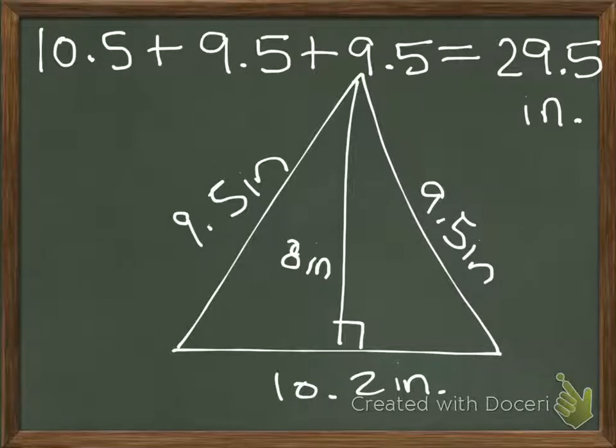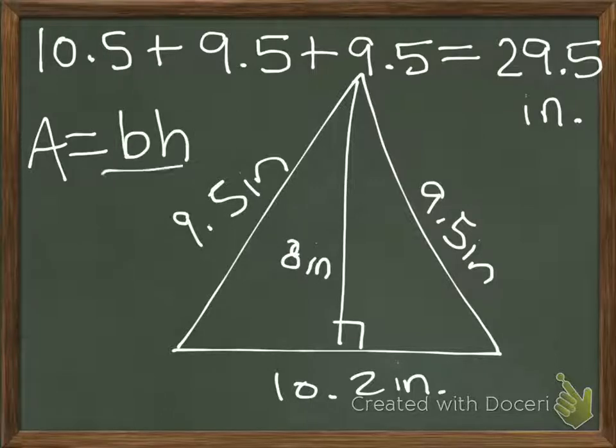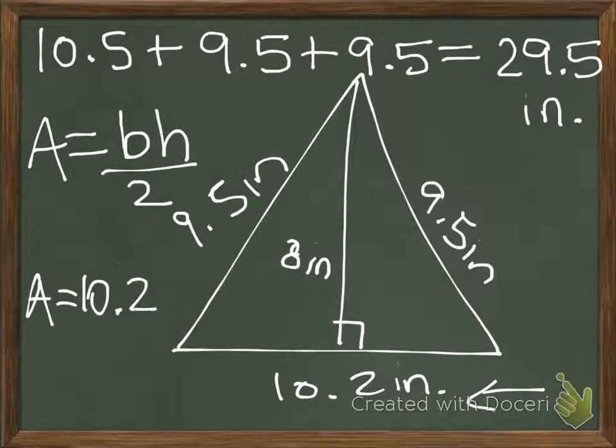The area of a triangle is base times height divided by 2, or sometimes you'll see half times base times height, same thing. The base in this case is the 10.2. And our height is actually not the slant height, the part that slants.